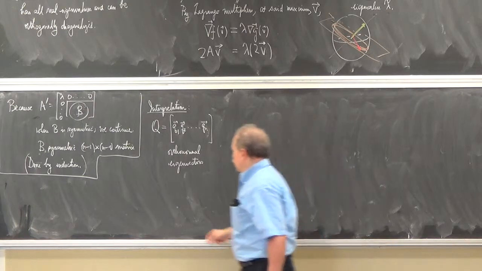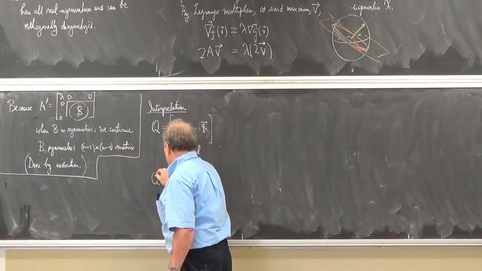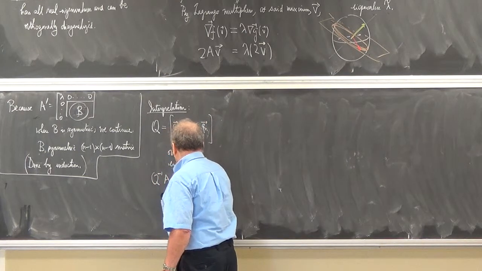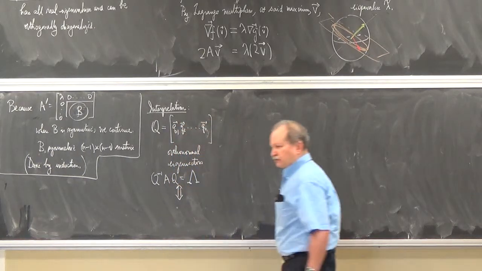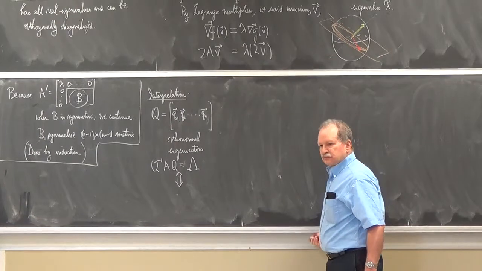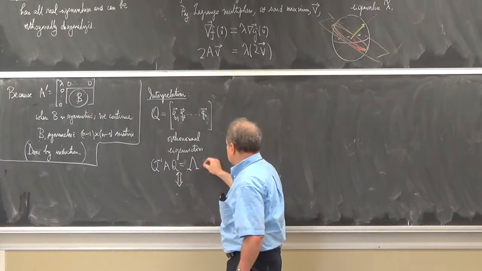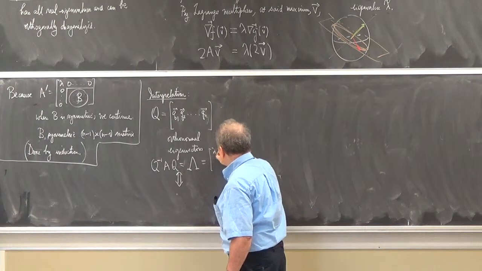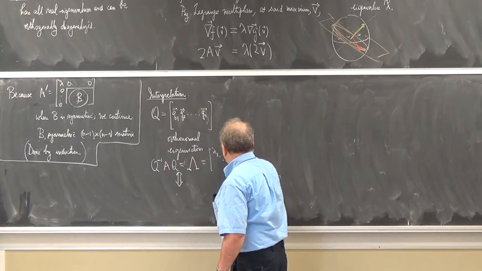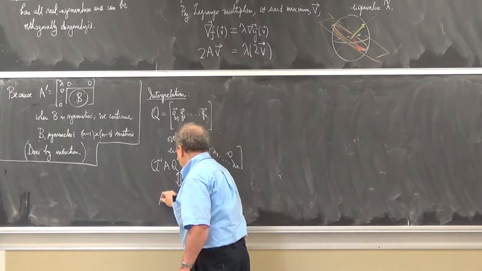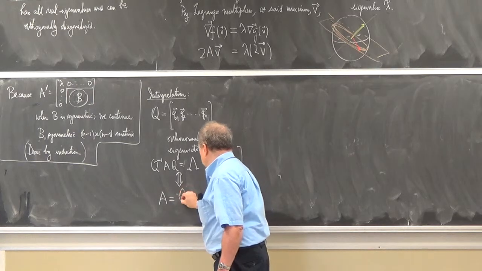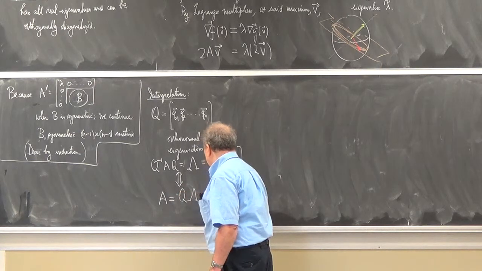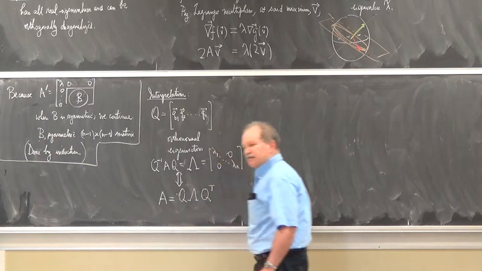What does it say when we write this equation? Lambda is the matrix of eigenvalues, diagonal. Well, this is equivalent to saying A is Q lambda Q inverse, which is the same as Q transpose.